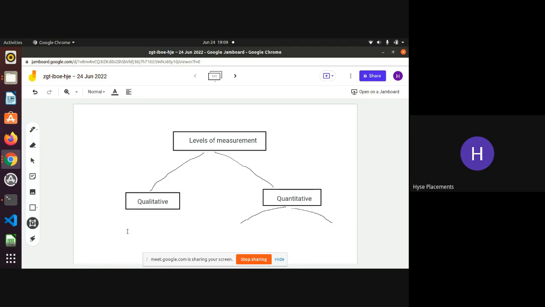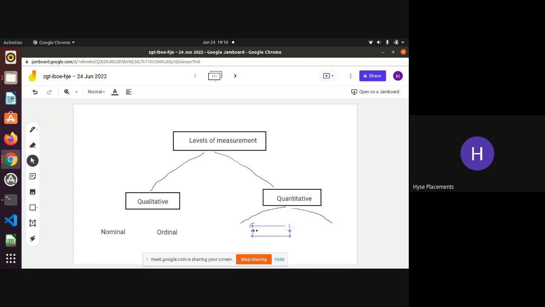Okay. Again, qualitative is divided into two types. One is nominal, and the other one is ordinal. In the quantitative, it is also divided into two types.